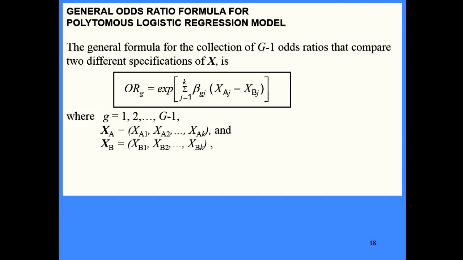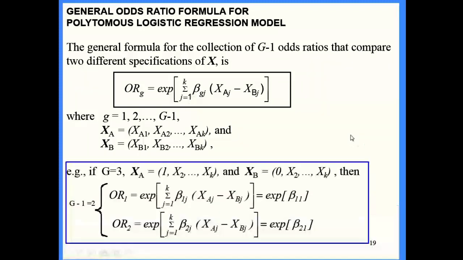In this case, I'm comparing person A with person B. So this is the x value for person A, and this is the x value for person B. That's just a little notational difference. Maybe I could have put an x star j and x without a star j, but I'm just saying the two different people are called person A and person B instead of person x star and person x. And that's the formula for the model.